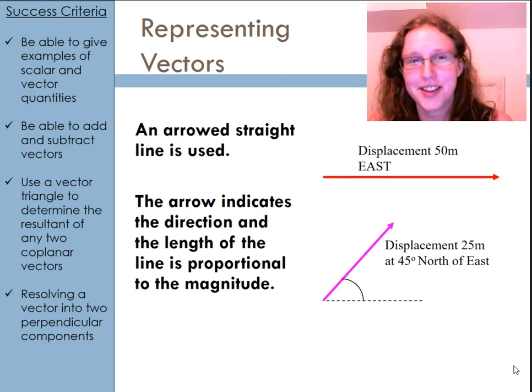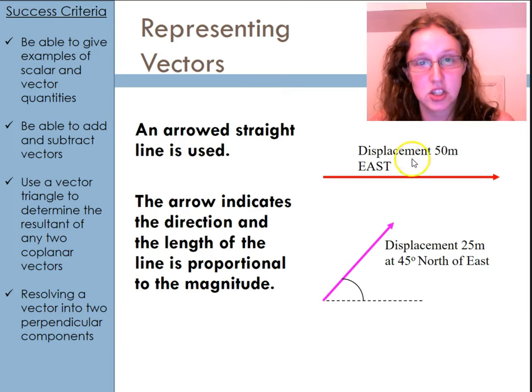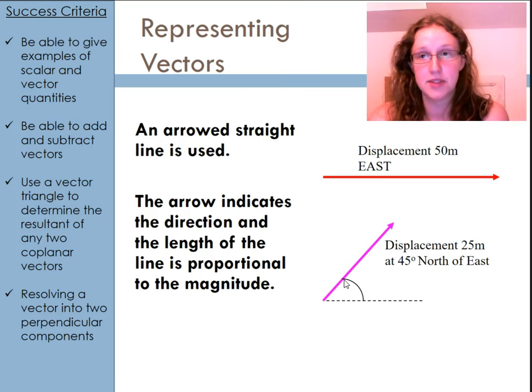It points. Very clever, you see. It's one of the ways that we are a bit lazy. So we use an arrowed straight line, as you can see, and that gives us the direction and the length. So we often will take care to draw these to scale as well, because if you can do them to scale, it makes life easy. So that's how we represent vectors.